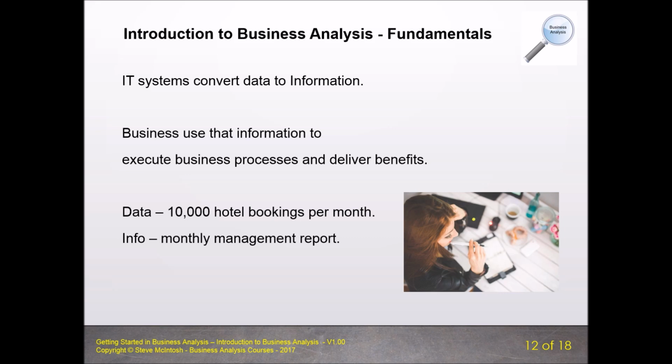What an IT system does is convert that data into useful information, for example, a monthly management report that summarises the data by hotel or by date or by type of booking, and allows people to do their jobs effectively at whatever level they're at.